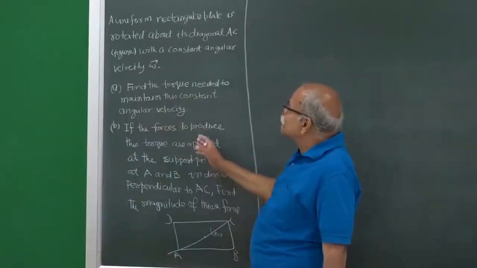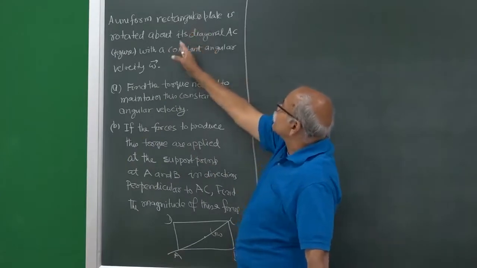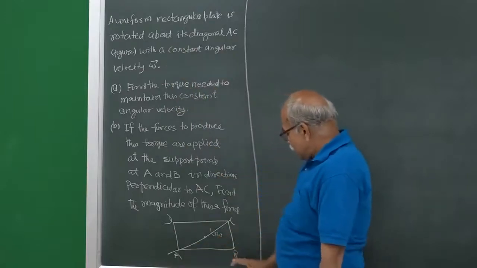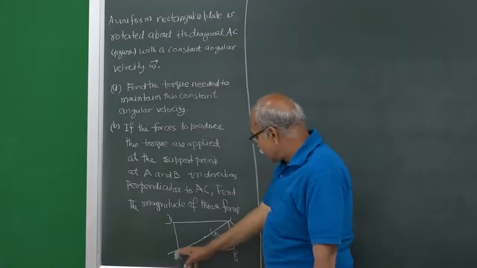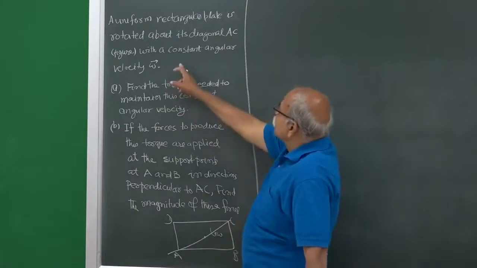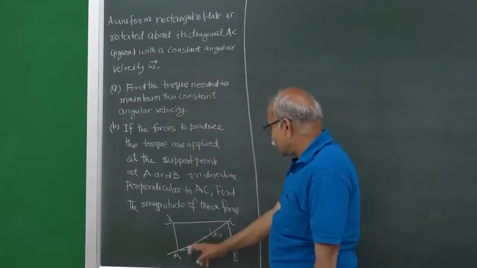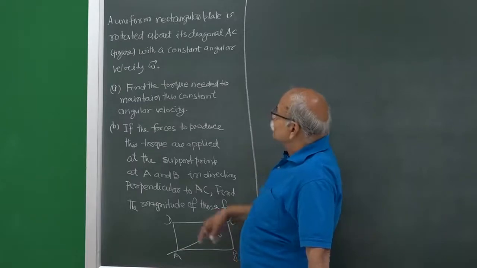So, here is the problem. A uniform rectangular plate is rotated about its diagonal AC, figure is given. So, ABCD is a uniform rectangular plate and this AC is one diagonal, with a constant angular velocity omega. So, it rotates about this AC with a constant angular velocity omega.